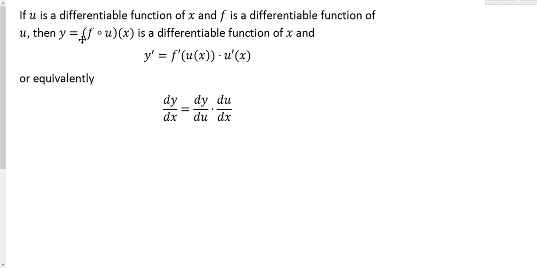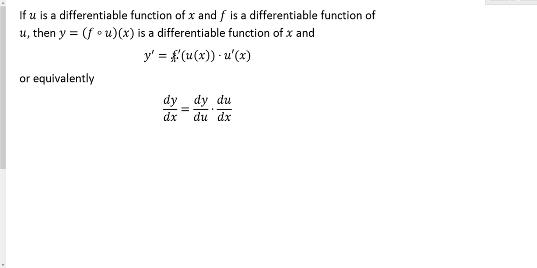Then y equals the composition, f of u of x, is differentiable, and it's a differentiable function of x. So f is a function of u is a function of x, therefore transitively f is also a function of x. And here's how you would find the derivative.